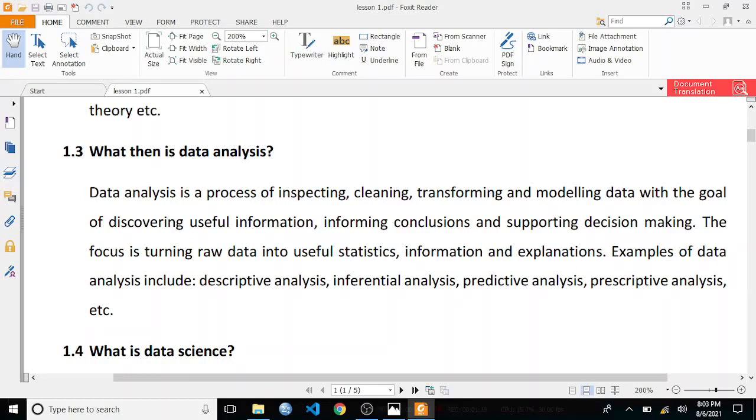The focus is actually turning raw data into useful statistics, information, and explanations. Examples of data analysis include descriptive, inferential, predictive, prescriptive, and so on.